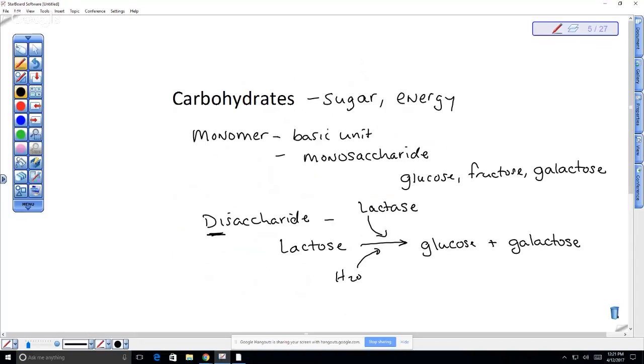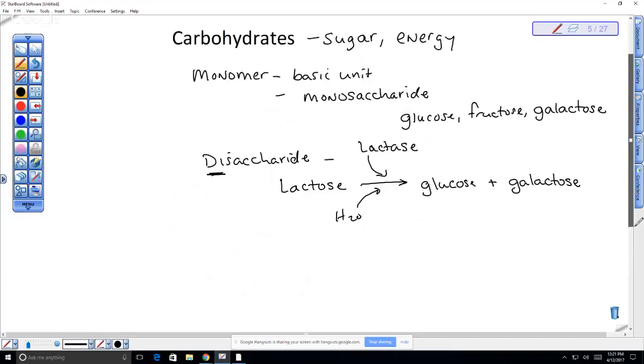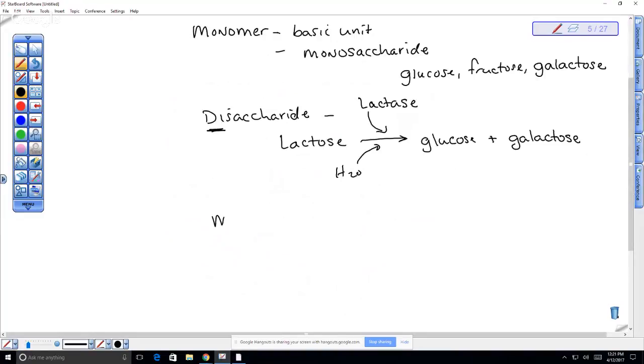Okay. So remember that ase ending means that that is the enzyme that breaks down lactose. And that is in our small intestine. So that enzyme is produced by the cells in our small intestine. And it's kind of interesting, an example, because lactose is found in milk, and the vast majority of adult mammals do not drink milk, right?